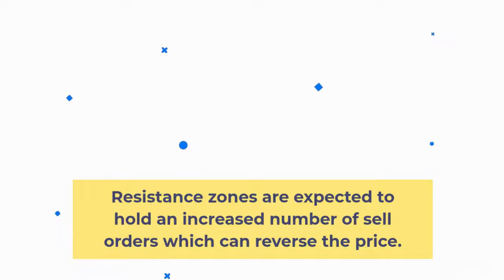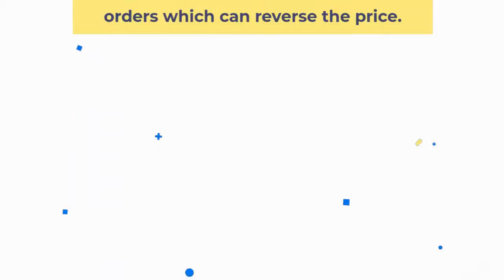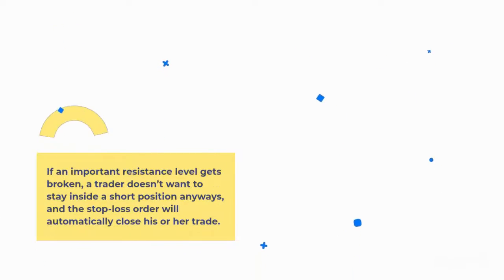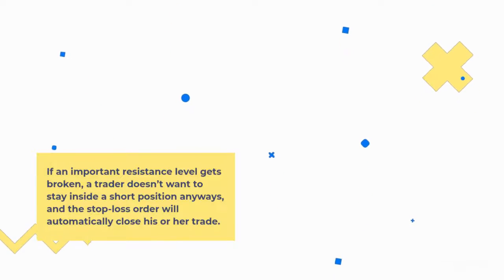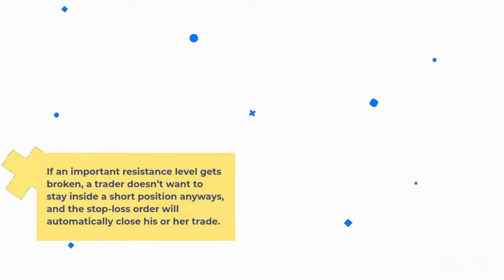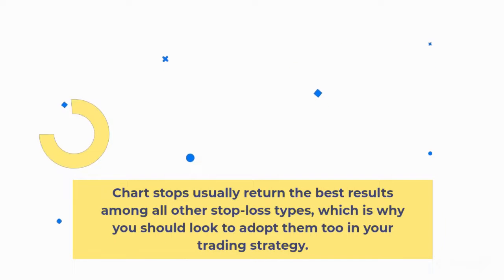Resistance zones are expected to hold an increased number of sell orders which can reverse the price. If an important resistance level gets broken, a trader doesn't want to stay inside a short position anyway, and the stop-loss order will automatically close his or her trade. Chart stops usually return the best results among all other stop-loss types, which is why you should look to adopt them too in your trading strategy.